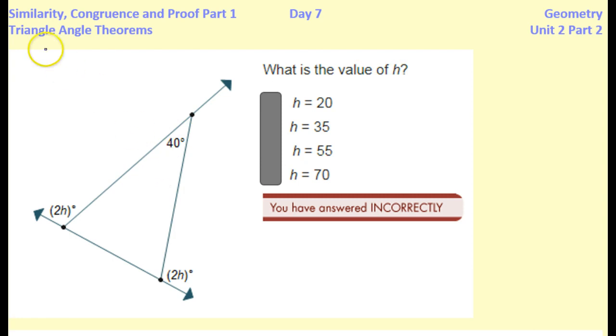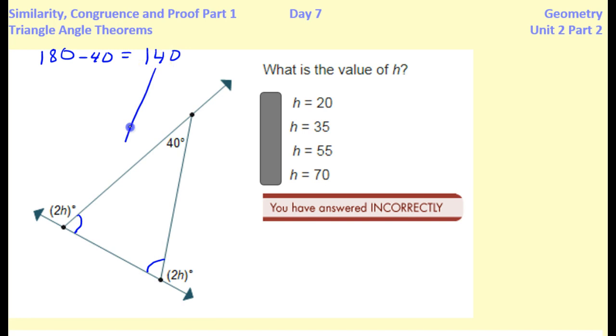So the number one triangle angle theorem is that all of the angles in a triangle have to add up to 180. Notice that these two angles are the same, 2h and 2h. That means that these two angles are the same. So if we start with 180 degrees and we subtract the 40, that leaves 140 degrees left for these two angles.